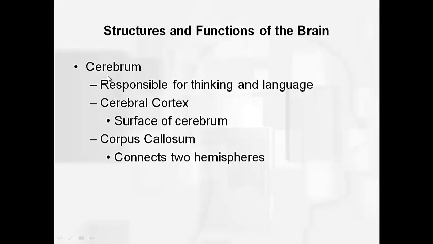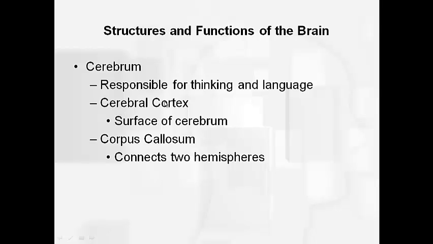Now, above the forebrain comes the cerebrum, which is responsible for higher order processing such as thinking and language, as well as motor movement and processing of sensory information.